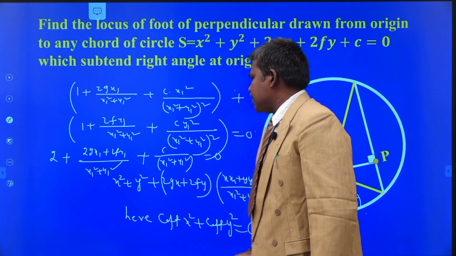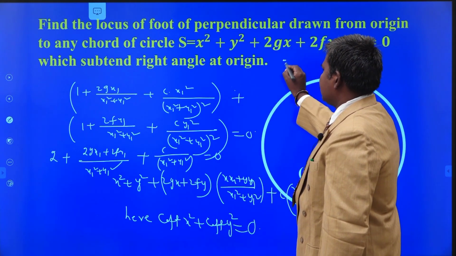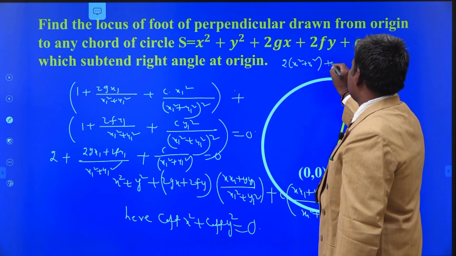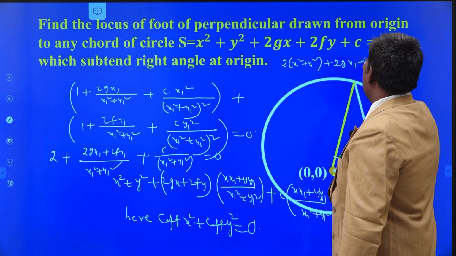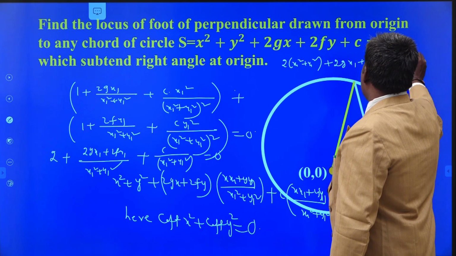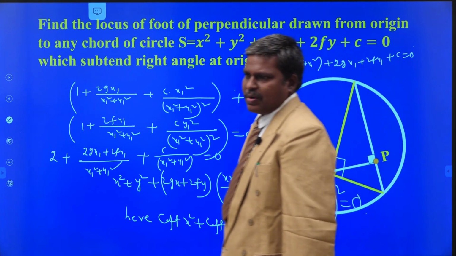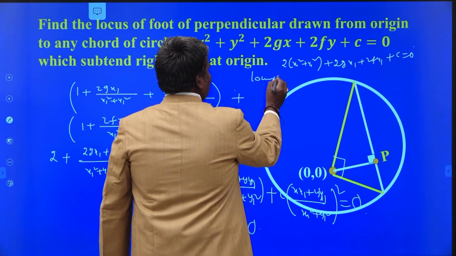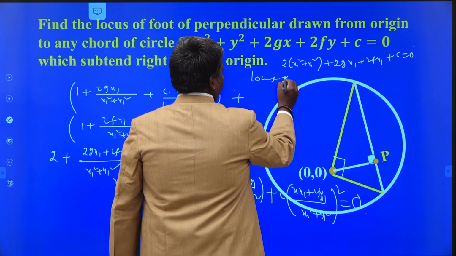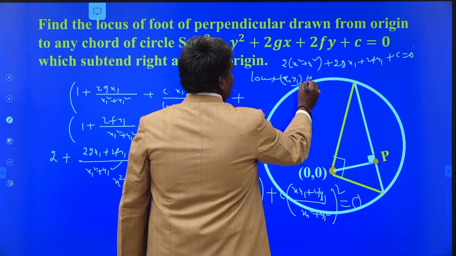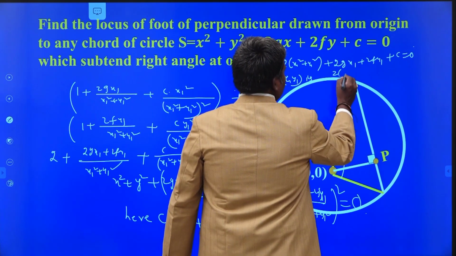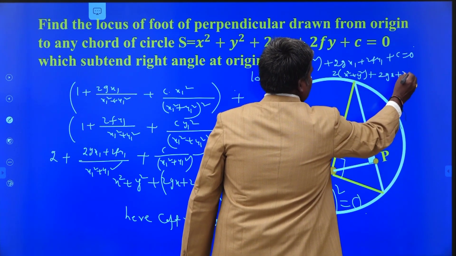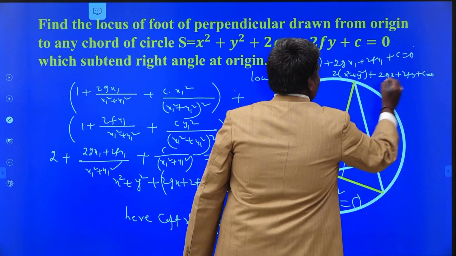Taking x1 square plus y1 square as the LCM and simplifying, 2 times x1 square plus y1 square plus 2gx1 plus 2fy1 plus c equal to 0. This is the condition on x1, y1. We have to write the locus of x1, y1, which is 2 times x square plus y square plus 2gx plus 2fy plus c equal to 0.